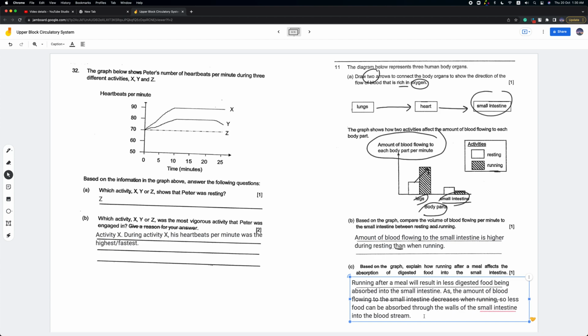Or we can talk about rate actually, because the question says affects the absorption of digested food into the small intestine.